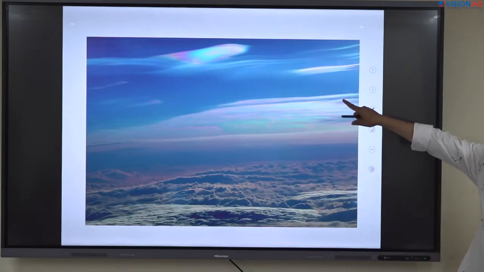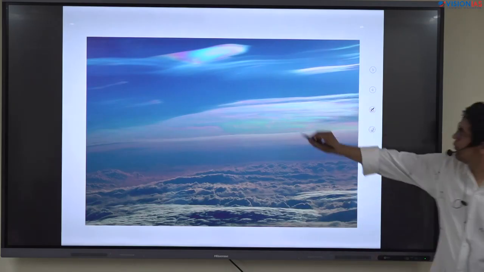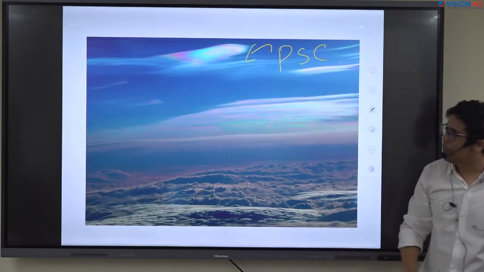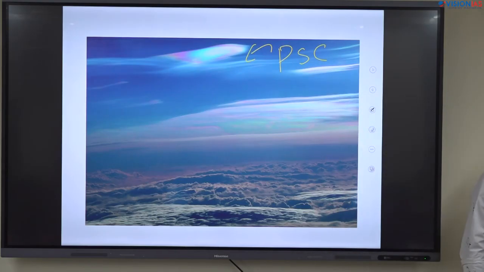But if you look at the top, that colorful cloud is PSC, polar stratospheric cloud, which is formed over Antarctica. So polar stratospheric clouds will be forming at that place where you have cold climate. Just now you concluded where you will find more cold climate? Antarctica. So where these clouds will be forming in large numbers? Antarctica. Okay. Till this point it is clear?